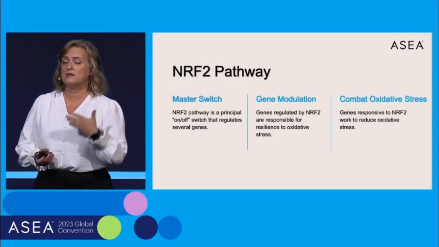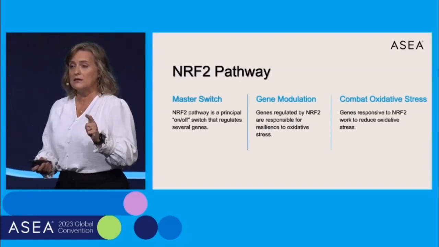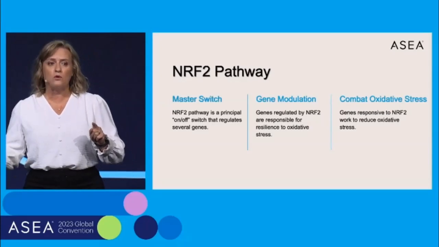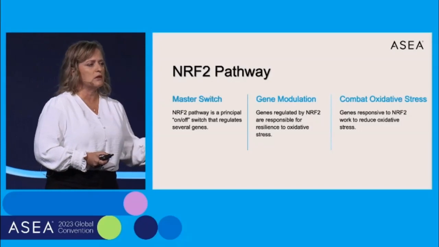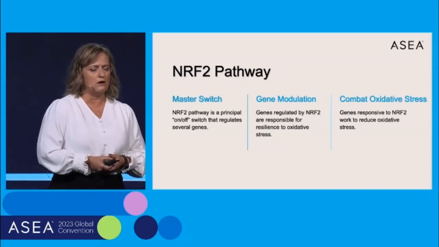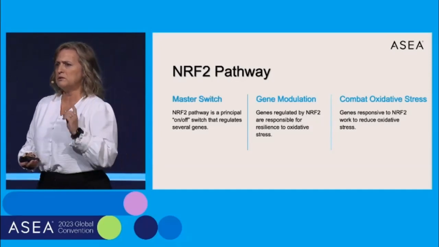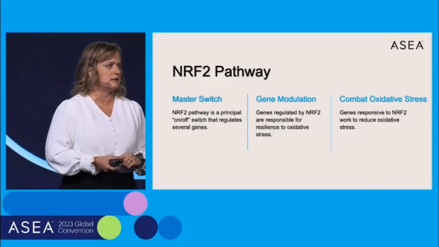It means that our cells are able to be challenged by insults and respond and restore their functions, because stimulation of the NRF2 pathway brings back the balance of the cell. So remember this: resilience to stress. That's what NRF2 is related to.